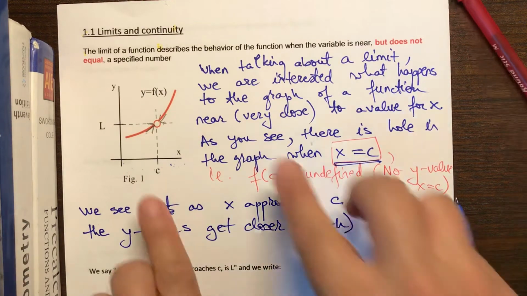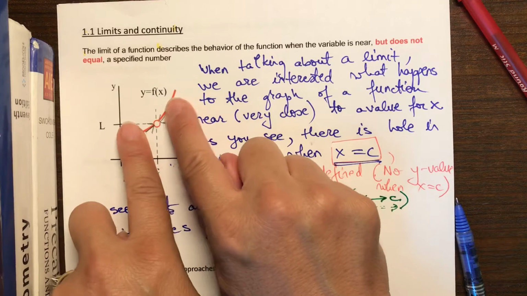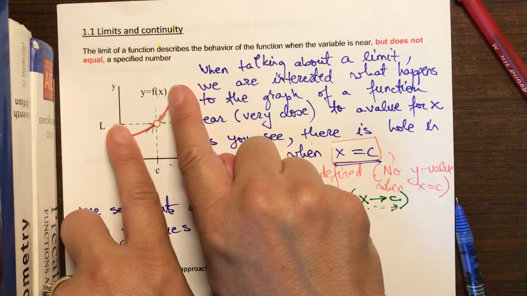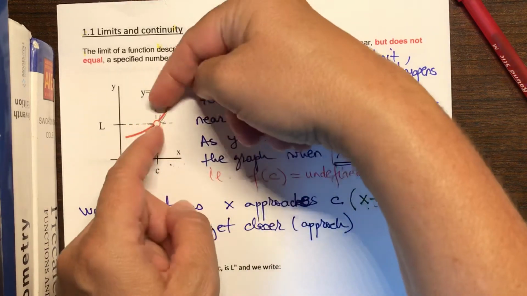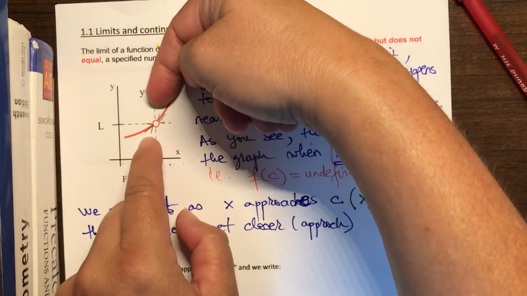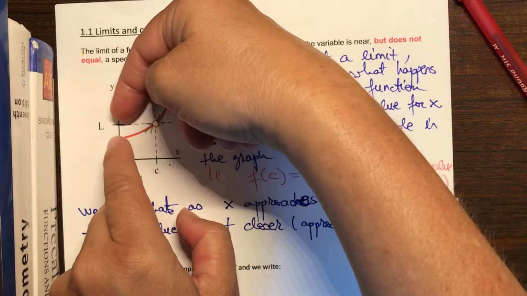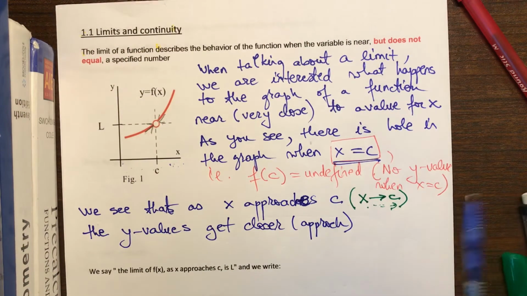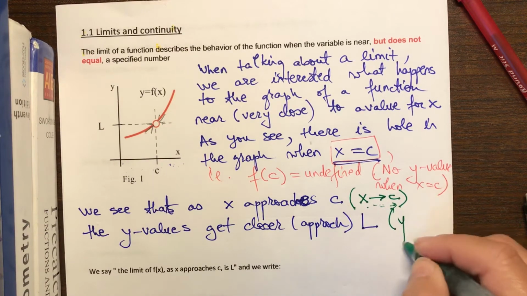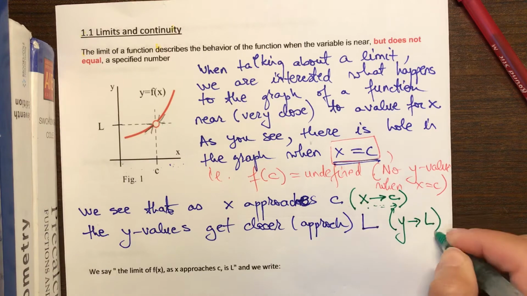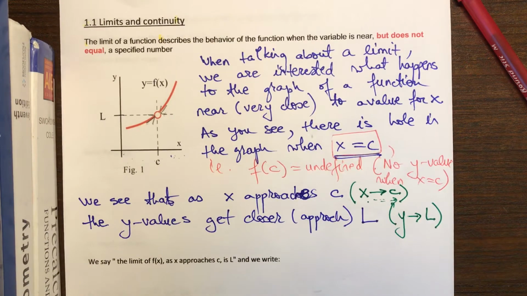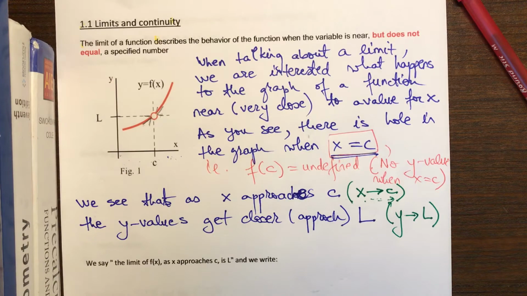So as we are zooming into this graph, and we're making the x values from both sides get closer and closer and closer to see what happens to the y values, well, as you see, the y values get pushed closer and closer to this number L. So I'm going to say y gets close to L. Okay, so that's exactly what the definition of a limit is, right?